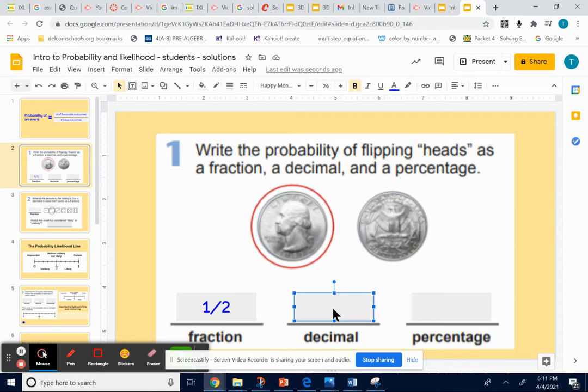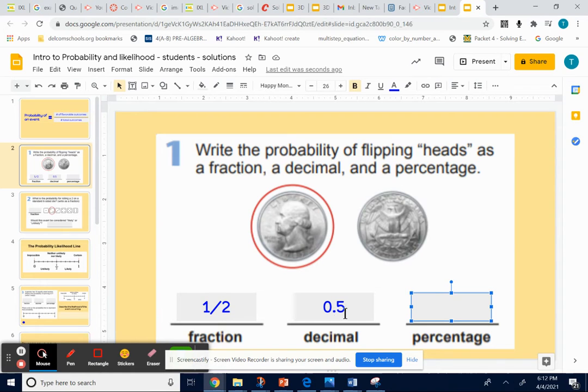Okay, we're going to make that into a decimal. To change a fraction to a decimal, you just take the top divided by the bottom. Some of you already know that 1/2 would be 0.5. To change a decimal into a percentage, you simply move the decimal point 2 spaces to the right. My decimal point's right in front of the 5.